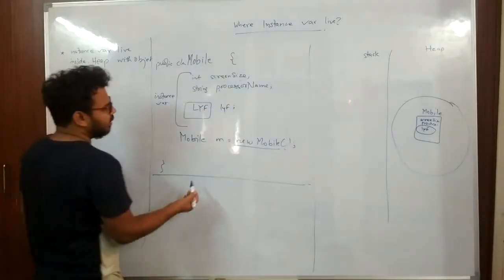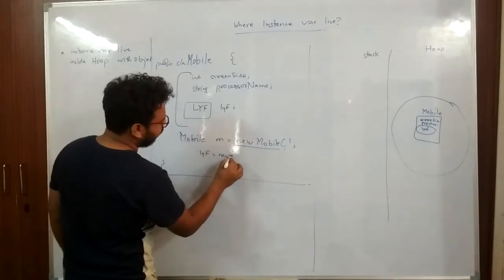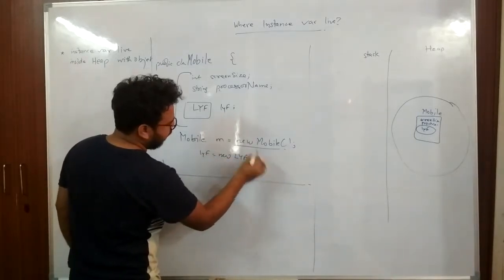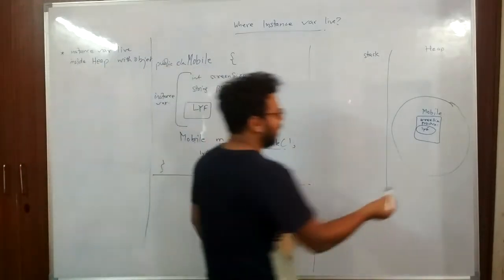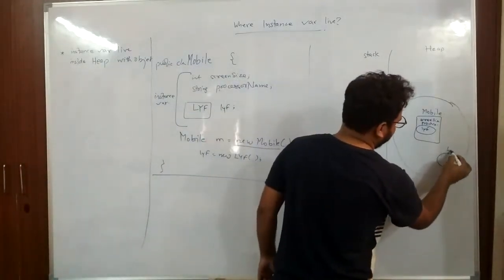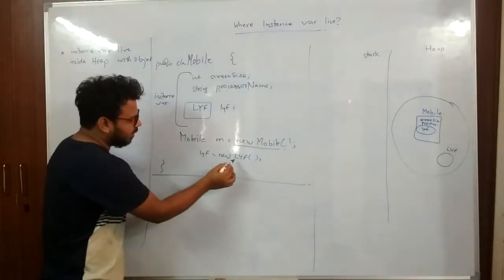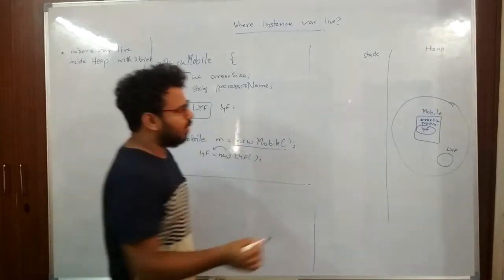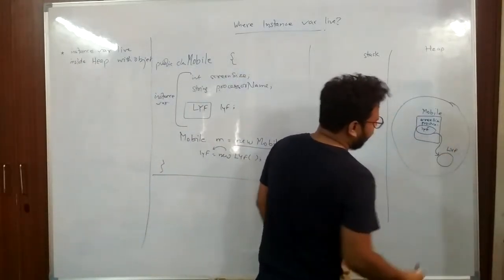Now when we write life is equal to new LYF, at this time a new object will be created in the heap area, and this will be of type Life. Since we are assigning this object to the life reference, this reference from the mobile will point to this object.